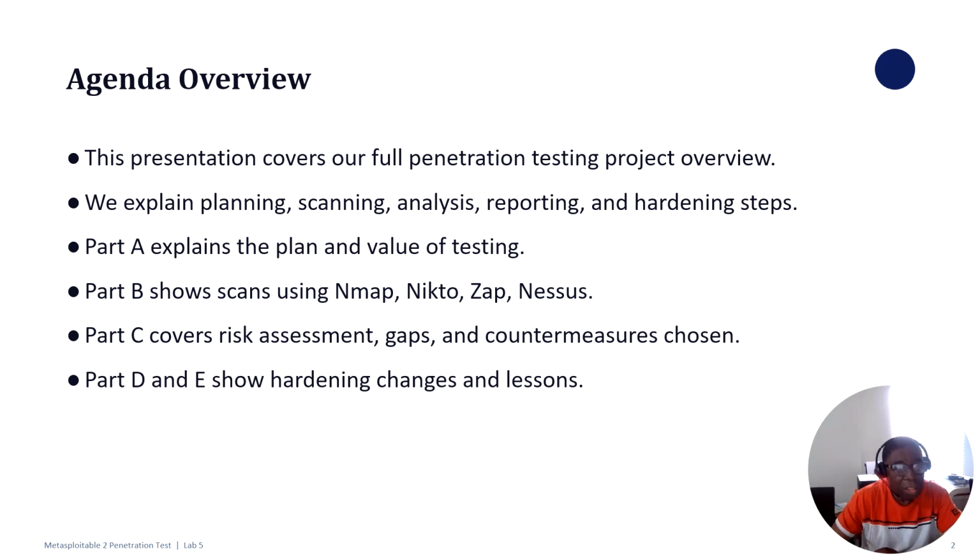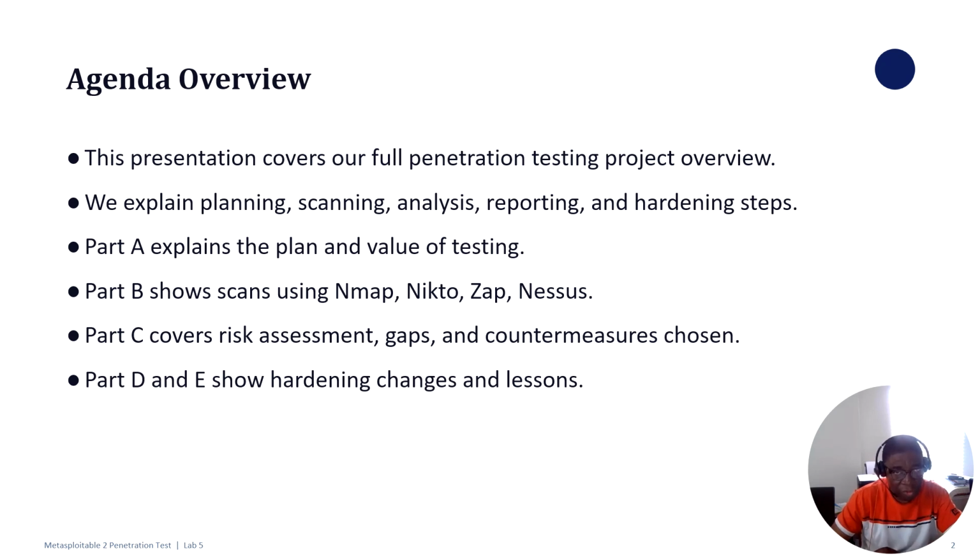Here's a quick roadmap of what I will cover today. Part A explains how I planned and organized this penetration test, why testing like this matters to an organization, and how I would handle it if something went wrong along the way.